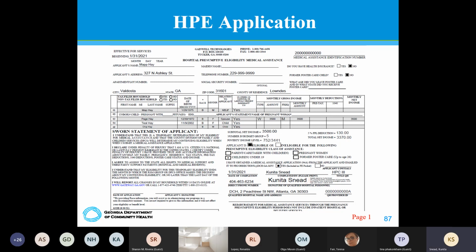Income level, I put 2 income limits down here: the income limit for parent caretaker, because we looked at that first, and then the income limit for the children under 19, which was $3,441. So that's why you see 2 separate amounts. This is for parent caretaker, and this is for children under 19.